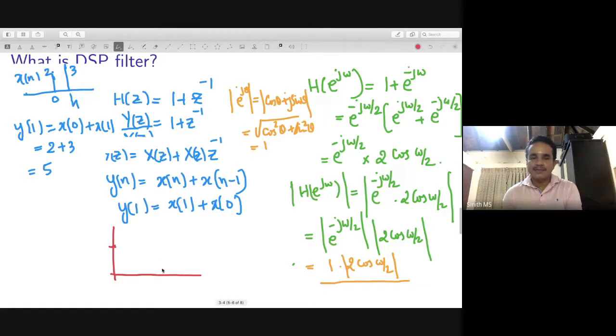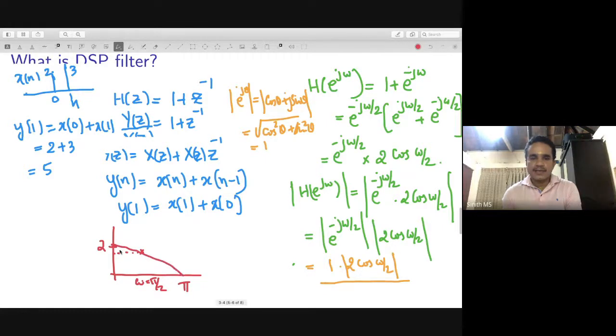So here you have 2, here you have about 1.4, which is √2, for ω equal to π/2. Similarly at ω equal to π, you get 2 cos(π/2), which is 0, so it goes to 0.